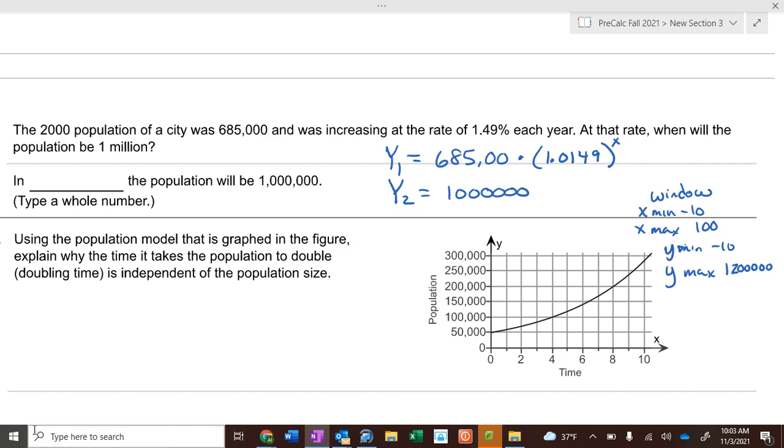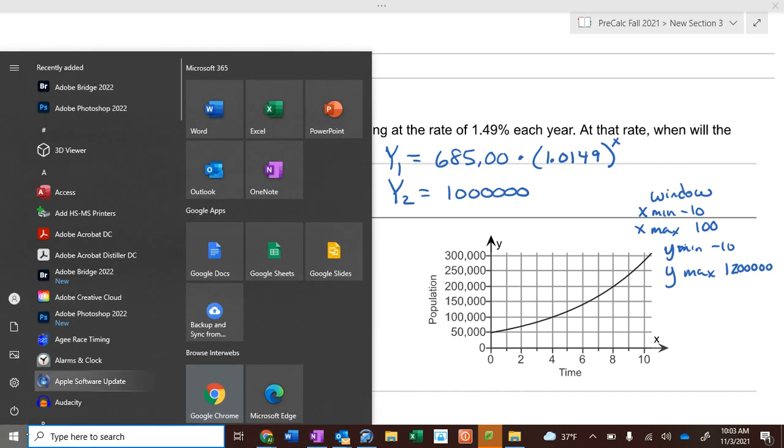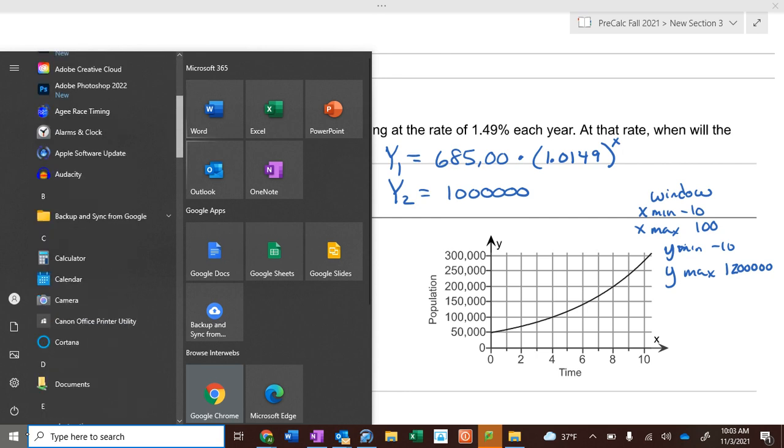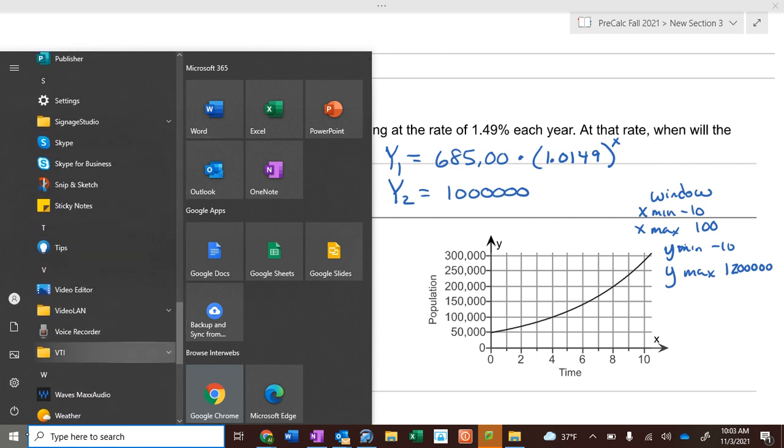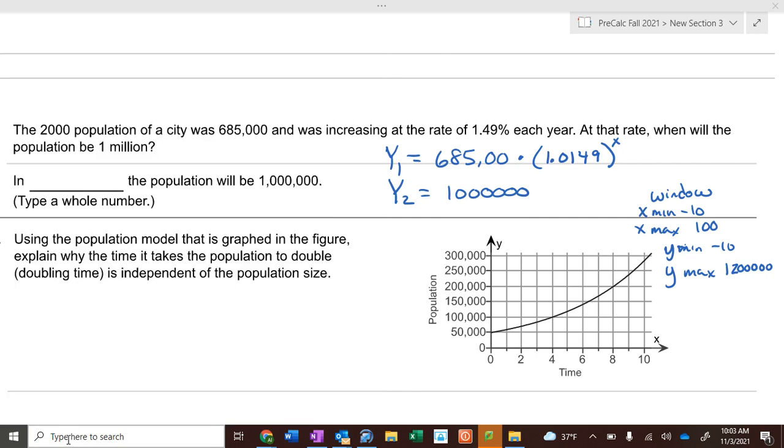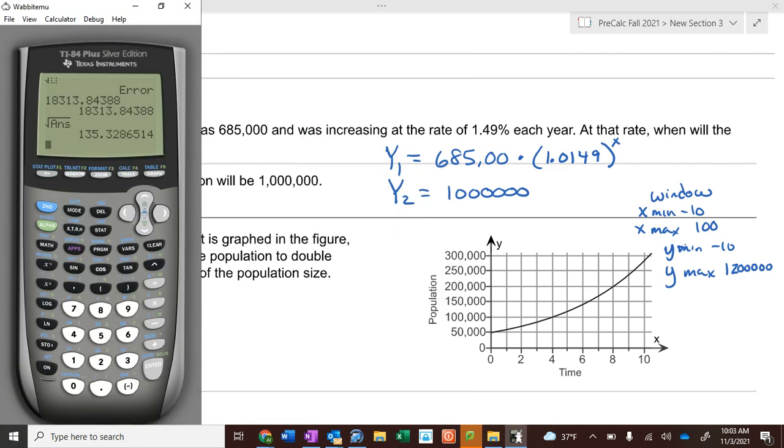Let me just do that really quick on the graphing calculator. Zoom to my graphing calculator. So Y1 is 685,000 times 1.0149 raised to the x power, 1 million into Y2.